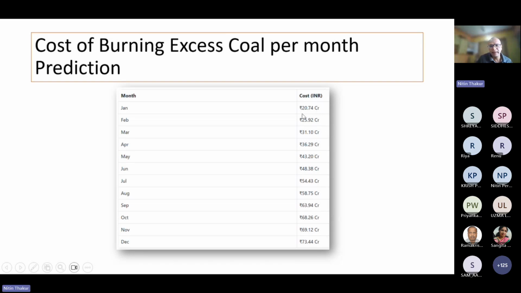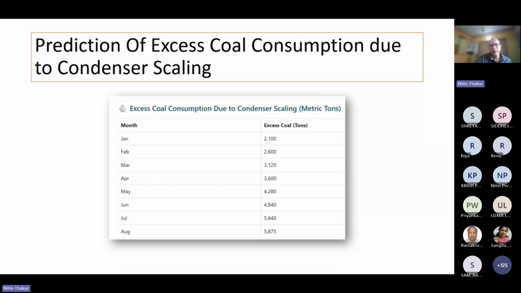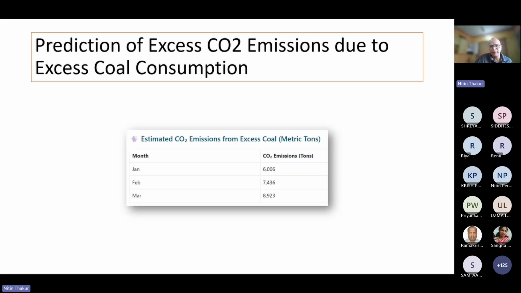And this is in crores per month that we are talking about. And even more than that, because of this excess coal consumption, you're also dealing with excess CO2 emissions.